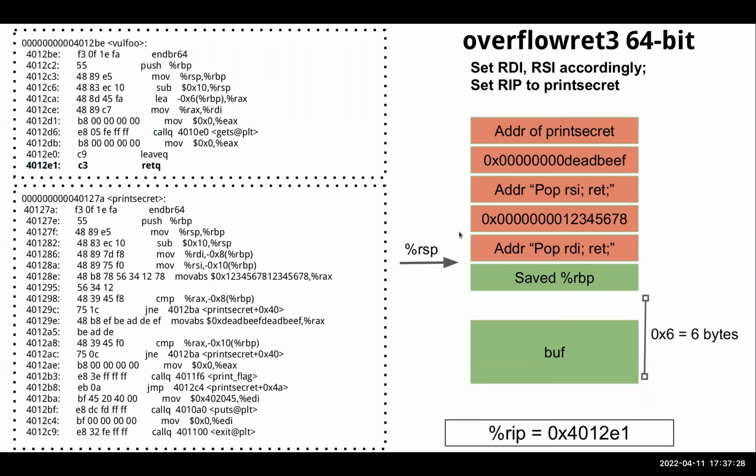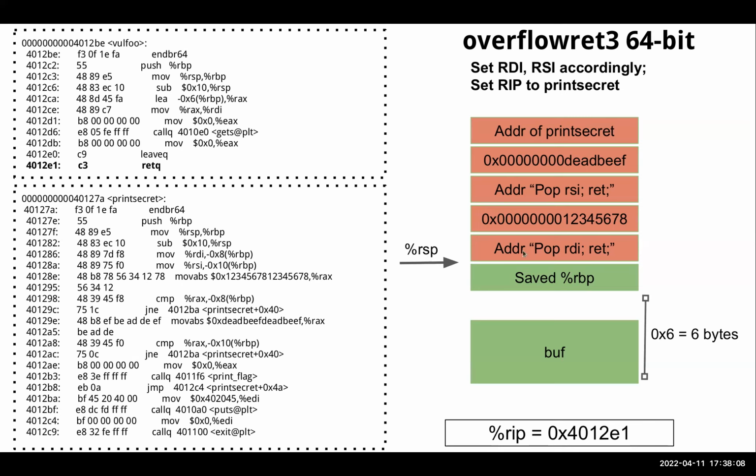Okay, let's assume right now our RIP is here. We are at the end of Overflow. We are going to execute C3, which is the return instruction. So this is just the return. Before the return instruction is executed, when there was no attack, RSP is supposed to point to the legit return address.